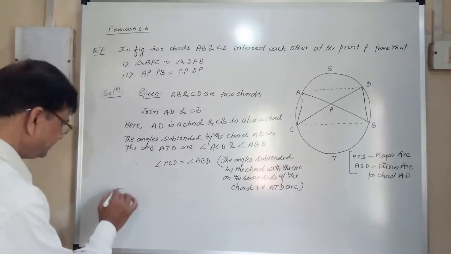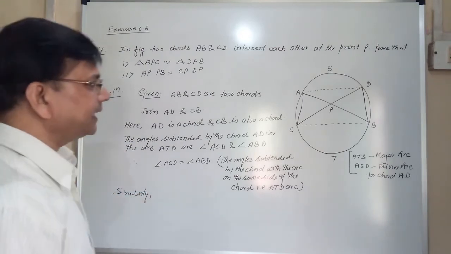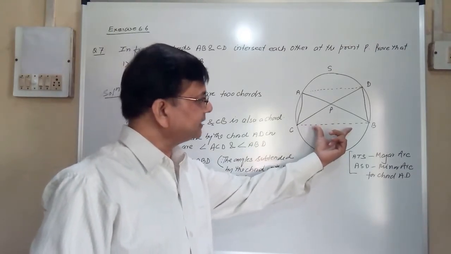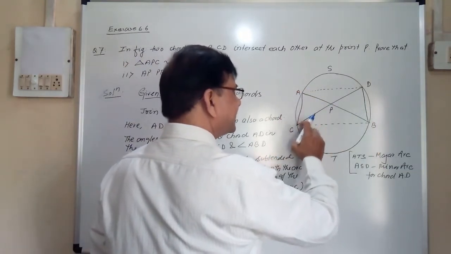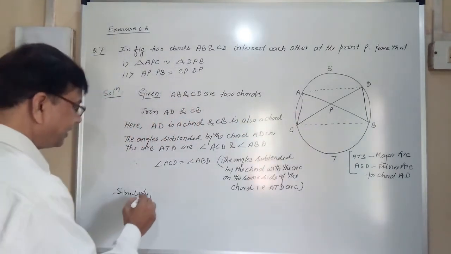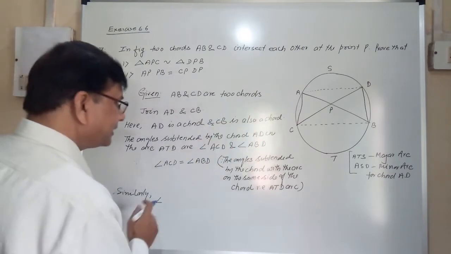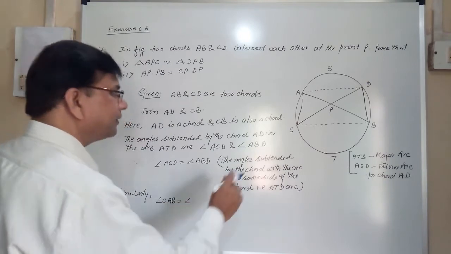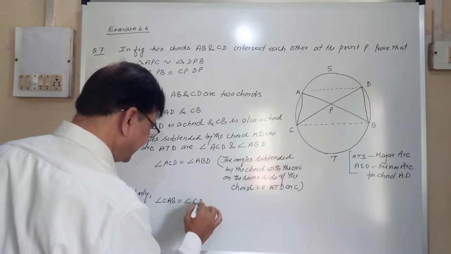Similarly, CB is the chord, and this chord is making these angles CAB and CDB on the same arc, right? Similarly, angle CAB is equal to angle CDB.